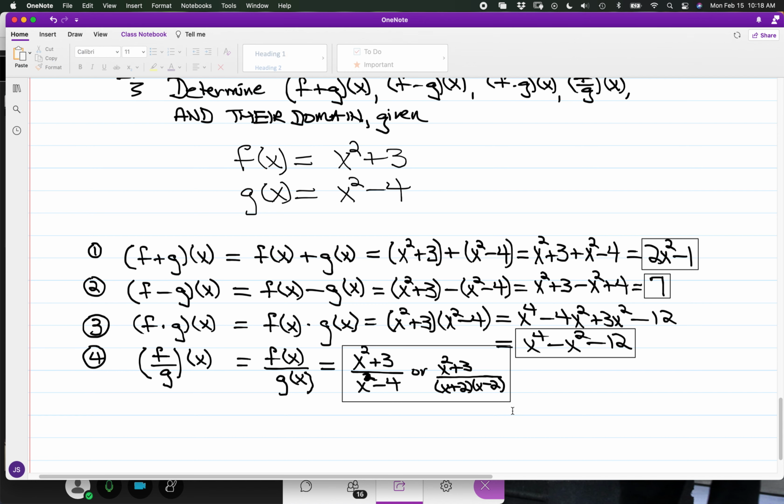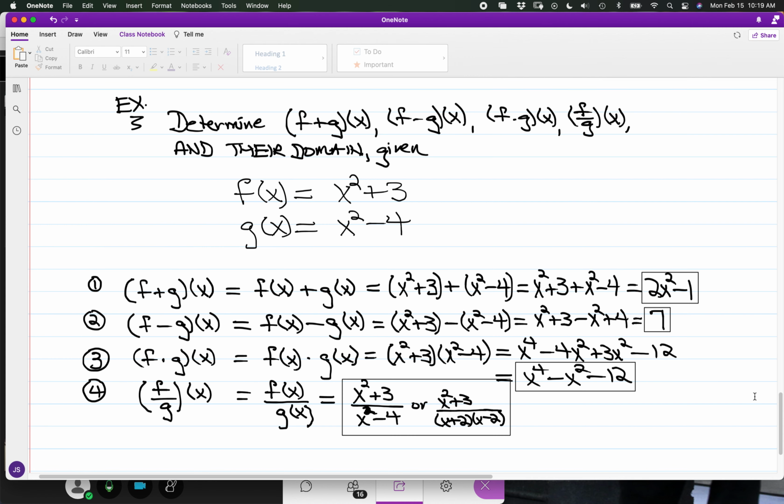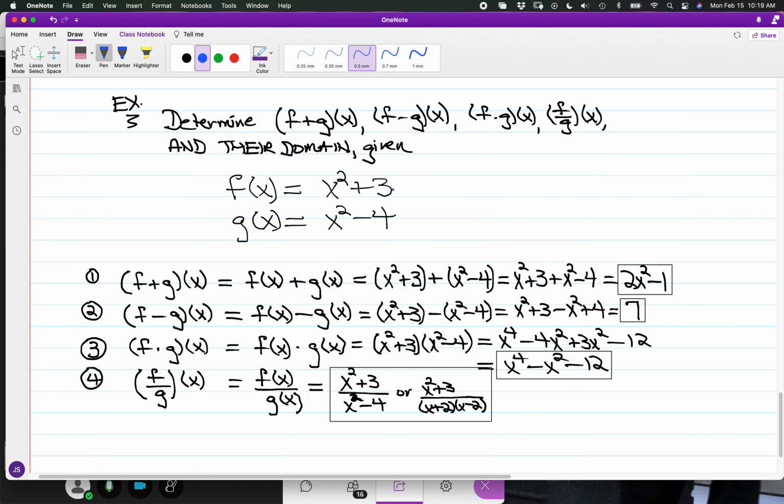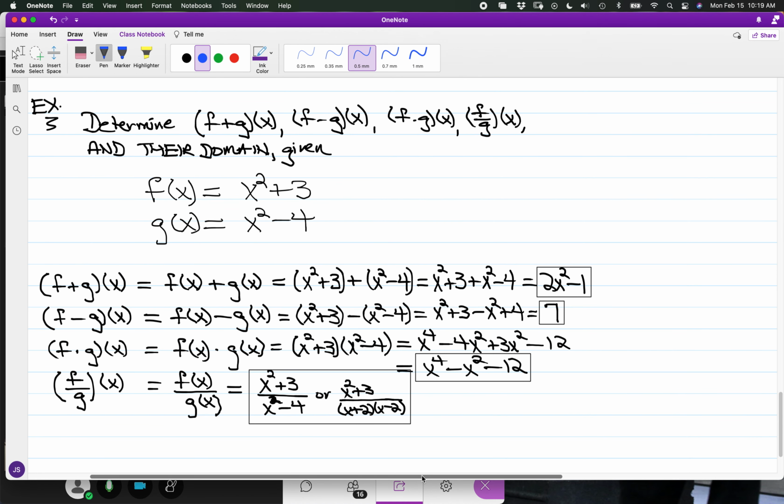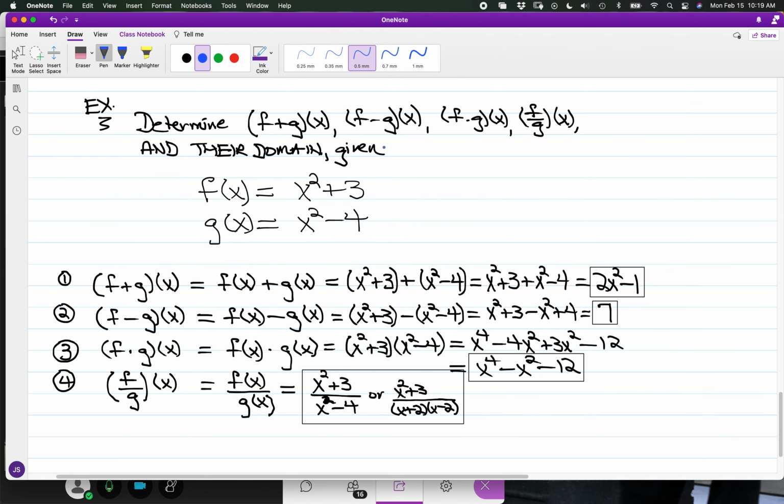Now for the domains: the sum, difference, and product functions will have the exact same domain, and this will come from combining the restrictions, if any, of f of x and g of x. So f of x is x squared plus 3, and g of x is x squared minus 4. We don't have an even root radical, and we don't have a fraction.